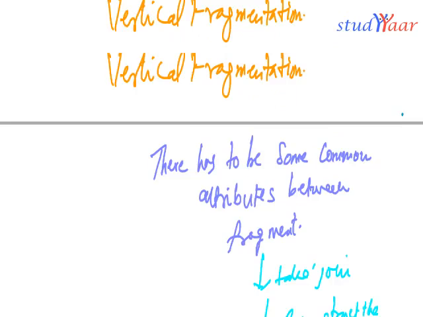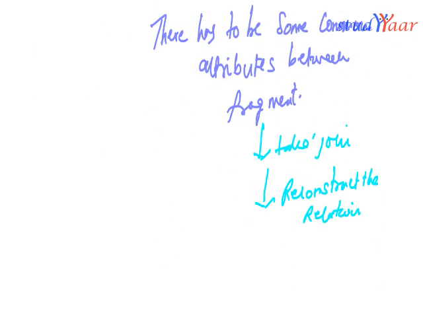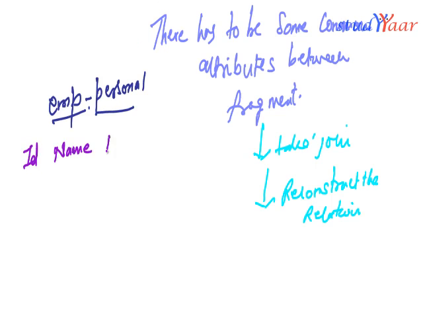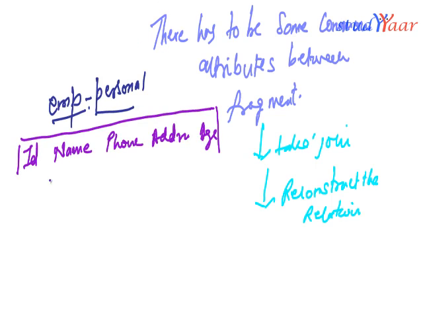So in my employee table, which was up above, what I can do is I can create two tables. One would be employee personal, that has personal details of the employees, and it is going to have his ID, his name, his phone number, his address, his age. That is one fragment. And the other fragment would be employee official.